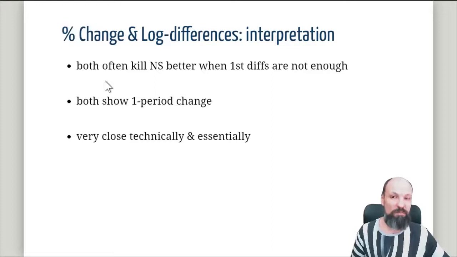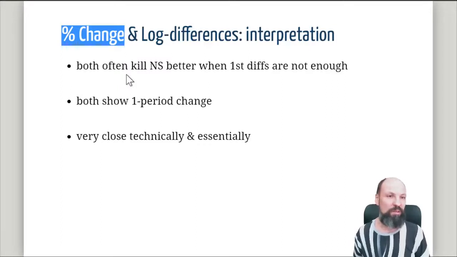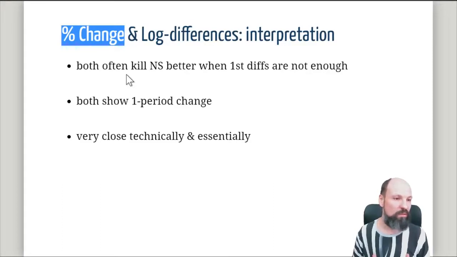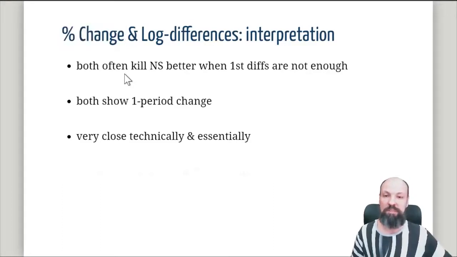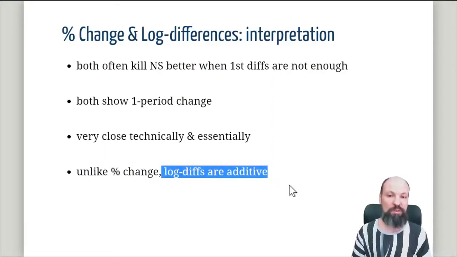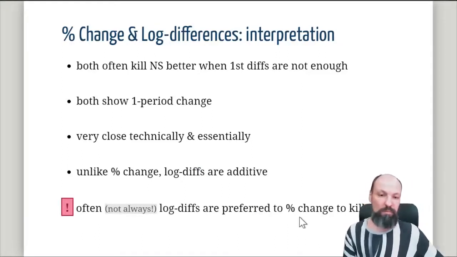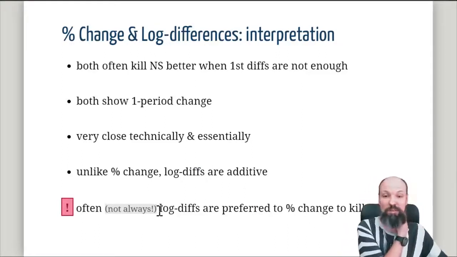But when the time series is quite volatile and shows low-frequency values with potentially high percentage change over one period, higher in absolute value than 10%, then percentage change is better. But when possible, we try to use log diffs or log returns because they are additive. So log diffs are preferred to percentage change to kill non-stationarity, but not always.